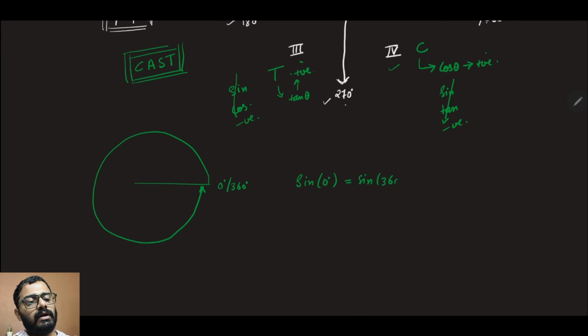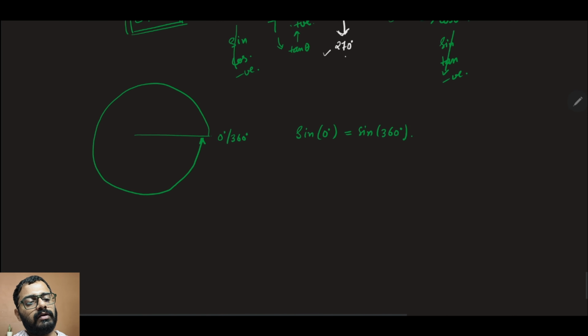Same way, initially if some angle is there, consider that is theta. Okay, and you started moving from here. You completed one circle, so that is 360 degrees. Further, you came back to the same point. So in total you have traveled 360 plus theta here.